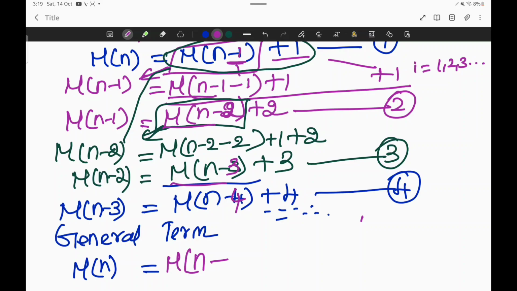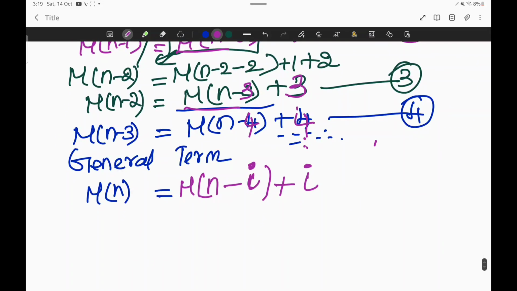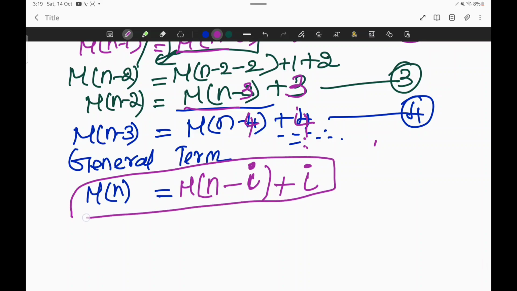Here we have taken the variable I. So M of I. Why? Because in the first equation it is n minus 1, in the second one n minus 2. Likewise we can generalize 1, 2, 3 as the variable I. Similarly the plus 1, 2, 3, 4 can be generalized with the help of this variable I. So M of n minus I plus I. This is the generalized term we have formed with the help of the recurrence relation.